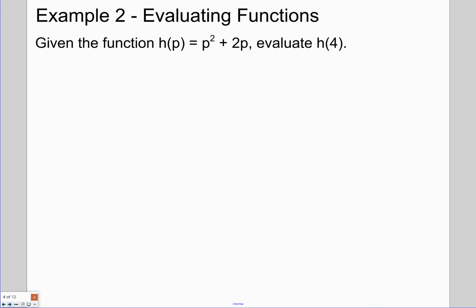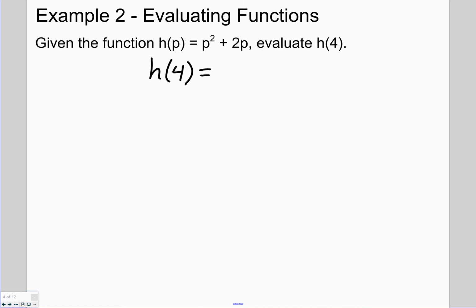Read this one for us, Brissa. Excellent. I love that Brissa said h of p for the function, not h times p or h parentheses p, h of p. Very good. So that means I'm going to take h of p and I'm going to replace p with the input value of 4.